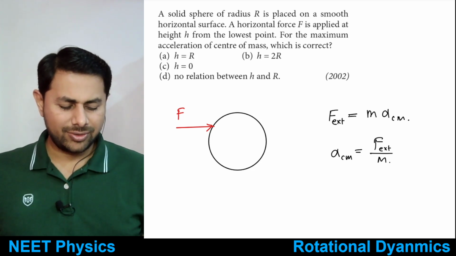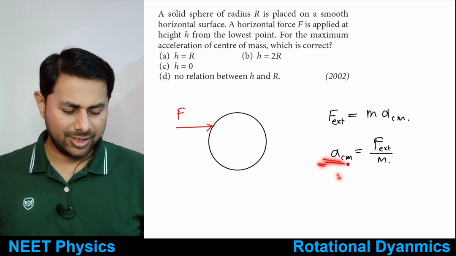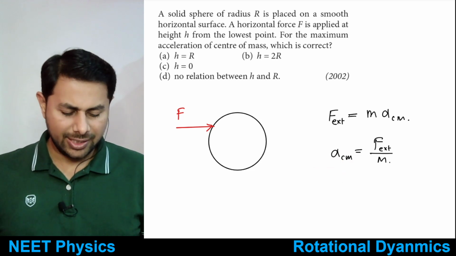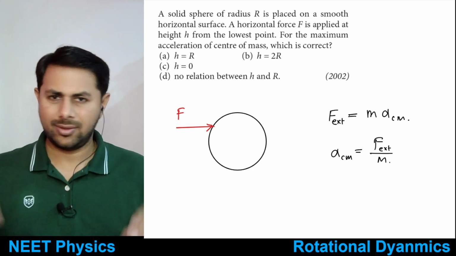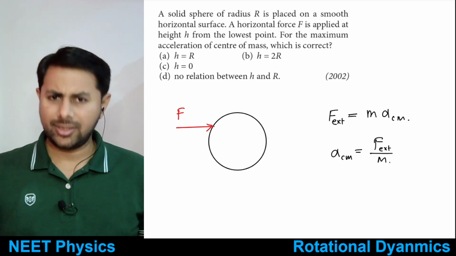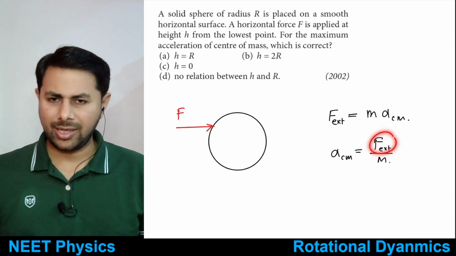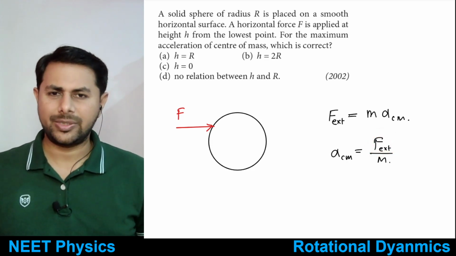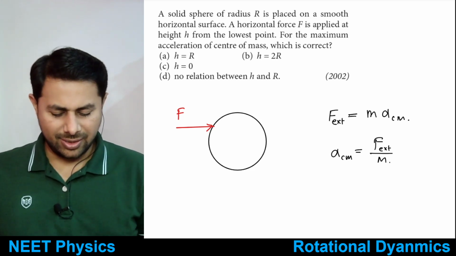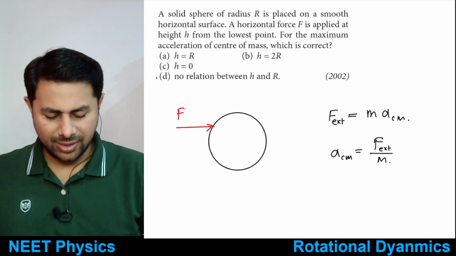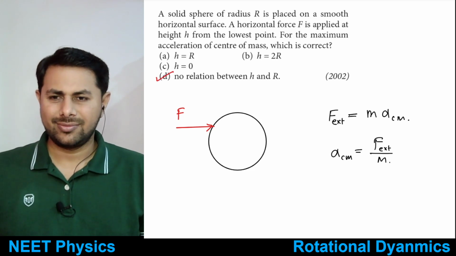Good. So the acceleration of center of mass is independent of where you apply the force on the body. If you exert a force F on the body, then the acceleration of center of mass is F divided by the mass of the body. That's it, right? So there is no relation between H and R. Okay, this one is correct.